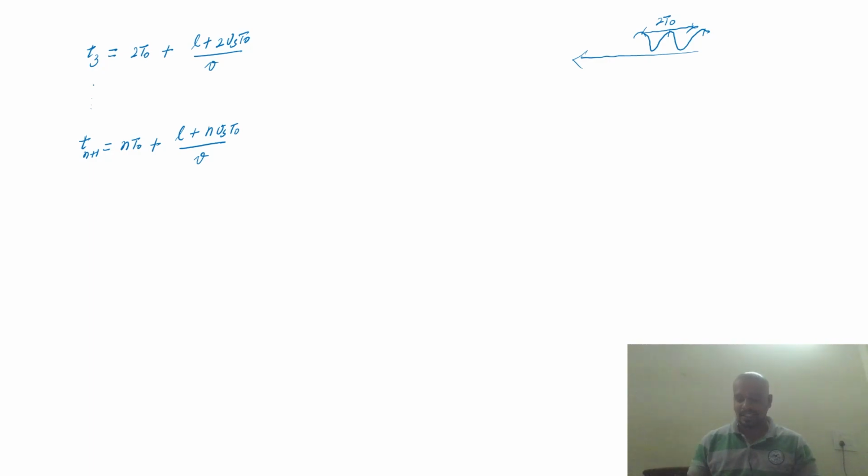So this is the time taken for the nth crest. So the first crest is T1, T2, T3. For the nth crest, the time taken will be T n plus 1.